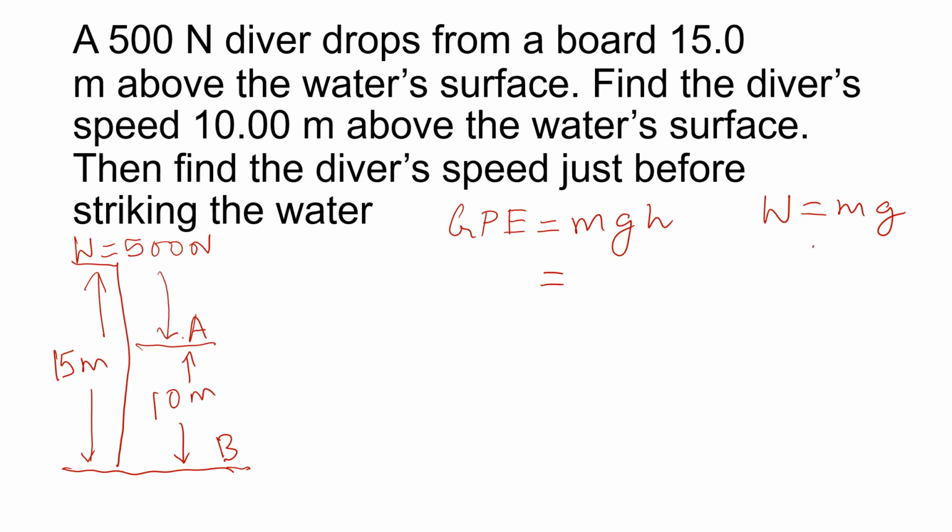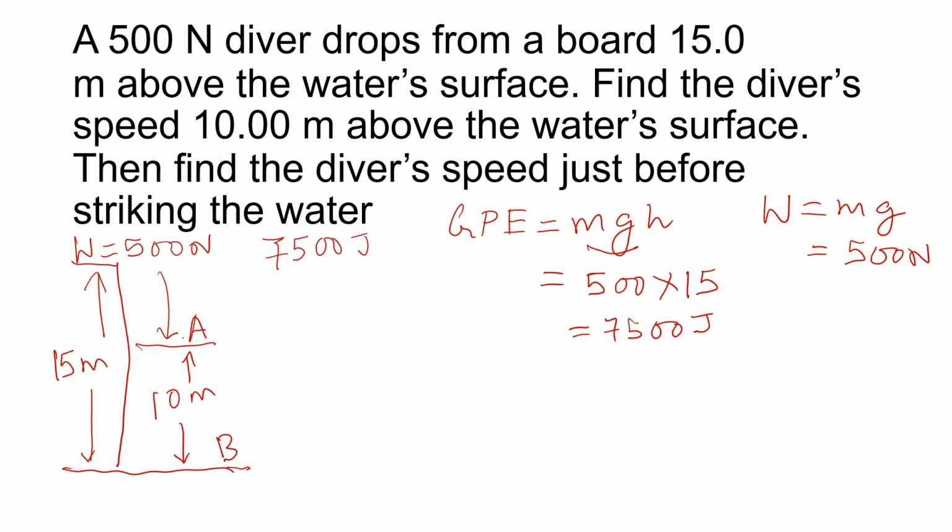And in this case, the diver has his weight 500 Newton. So we can substitute mg with 500 Newton and then multiply it with 15. 15 is the height. So that gives us a value of 7,500 joules as the energy at the topmost point.